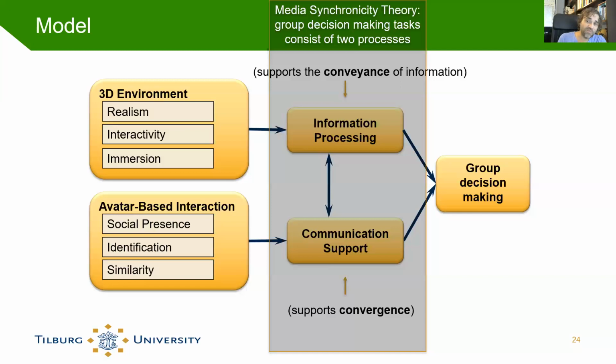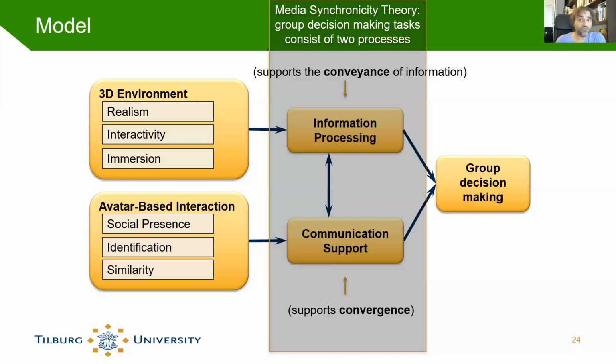So we thought maybe people also can identify a bit better with their group because their avatars are similar. And we thought if people feel present, and if they kind of feel similar to each other, think the side theory we discussed last week, then maybe people are able to communicate a bit better because people trust each other, they like each other, they identify with each other.